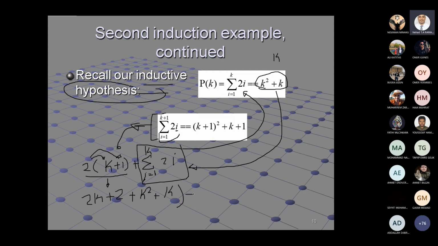Just organize this again: k to the power 2, then 2k plus k is plus 3k, plus 2.